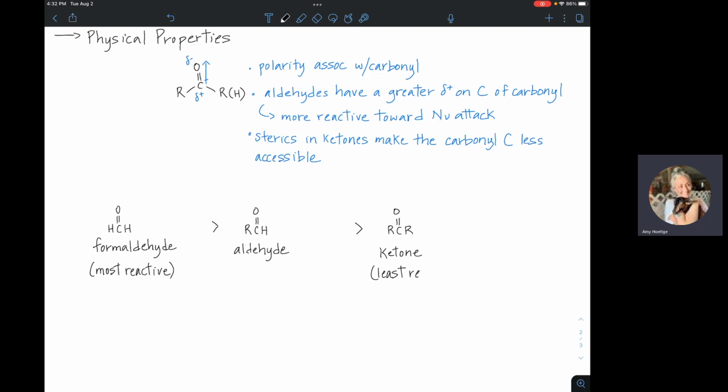So this will be the least reactive. But all of them are reactive toward nucleophilic acyl addition reactions. So a nucleophile, in other words, can attack the carbonyl carbon in all of those cases. The formaldehyde is going to be the most reactive. The ketone will be the least reactive.